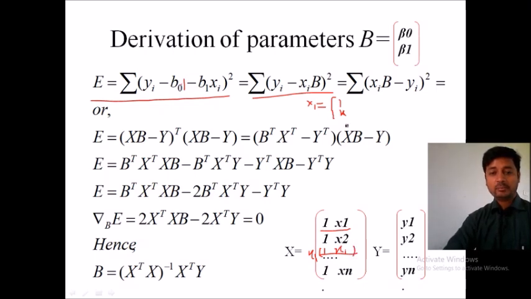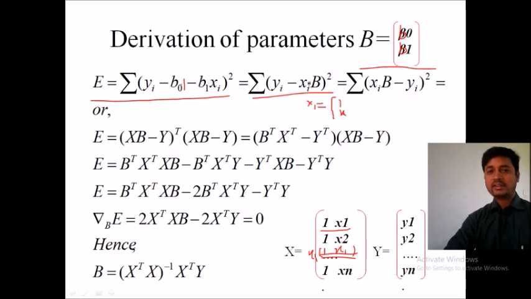Multiplied by b. So our b is here. If you multiply the ith row and b, you will get b naught plus b1, this is all about differences in terminology. So the ith row multiplied by b gives b naught plus b1xi.